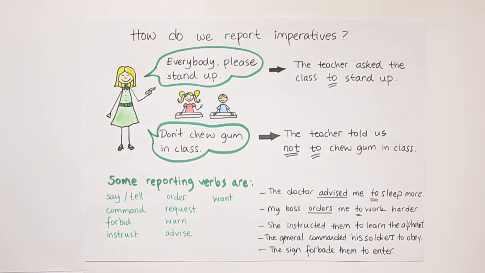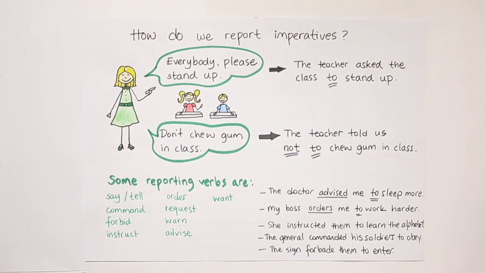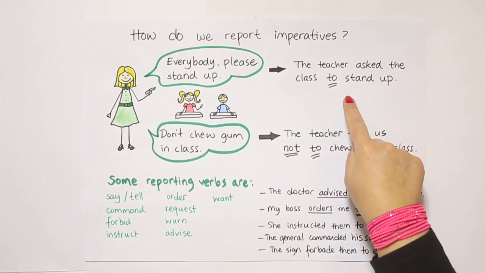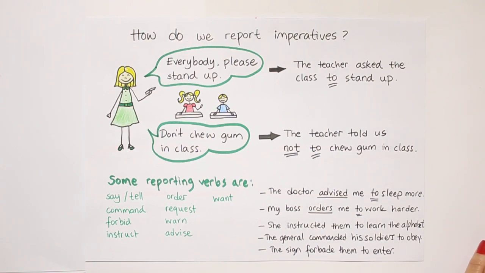Now we remember what imperatives are, and let's learn how we report imperatives. We have a beautiful teacher here, and she says, "Everybody please stand up." Look at our sentence. The teacher asked the class to stand up. This is the important thing here.